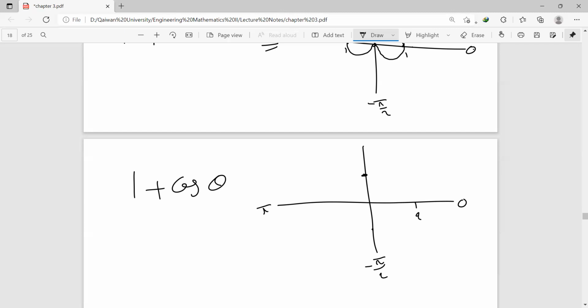At pi, here we get minus 1. So it's 0. How about pi over 2? It's still 1. So the graph is like this. This is the graph of that function.